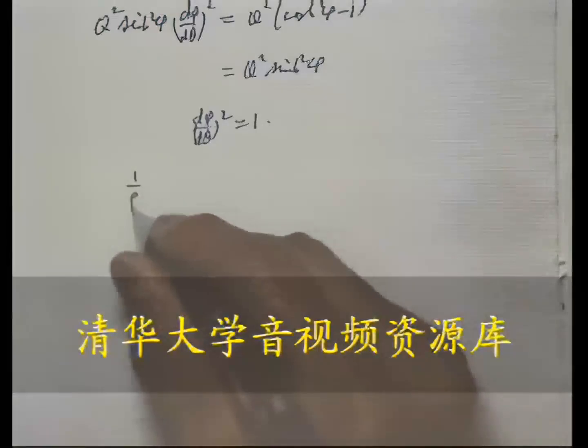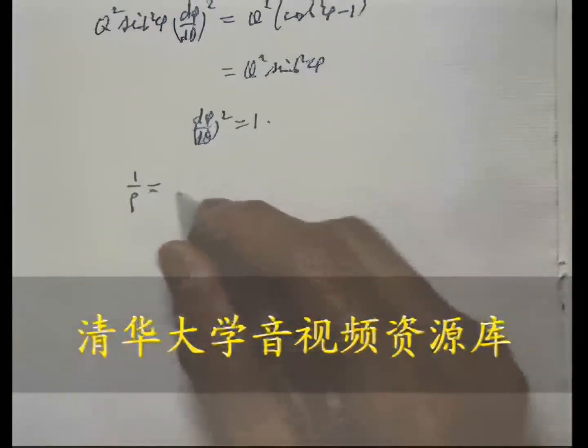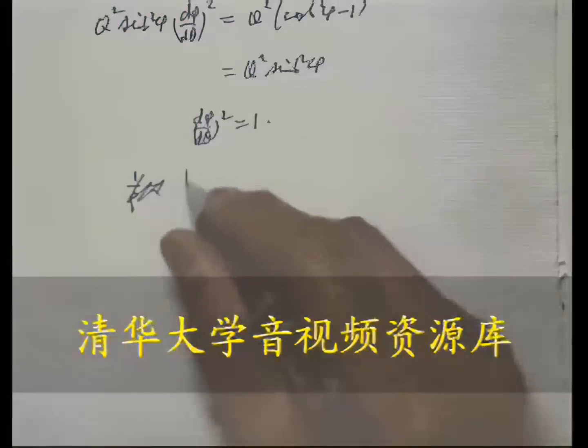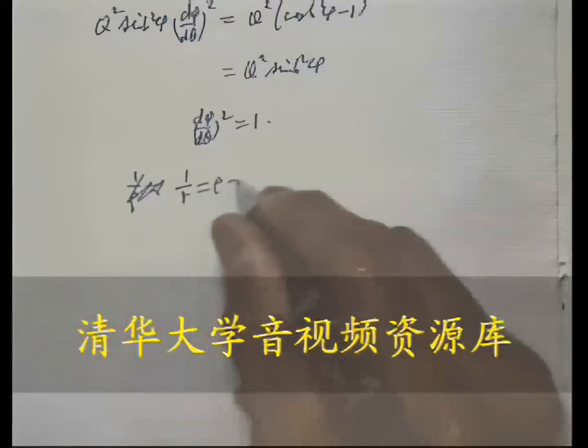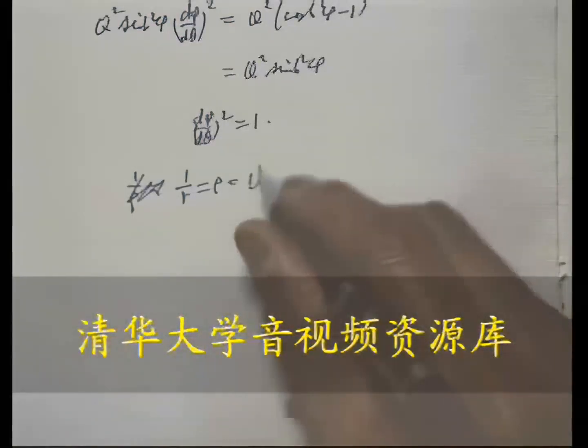And so therefore you get 1 over r is equal to rho over q.